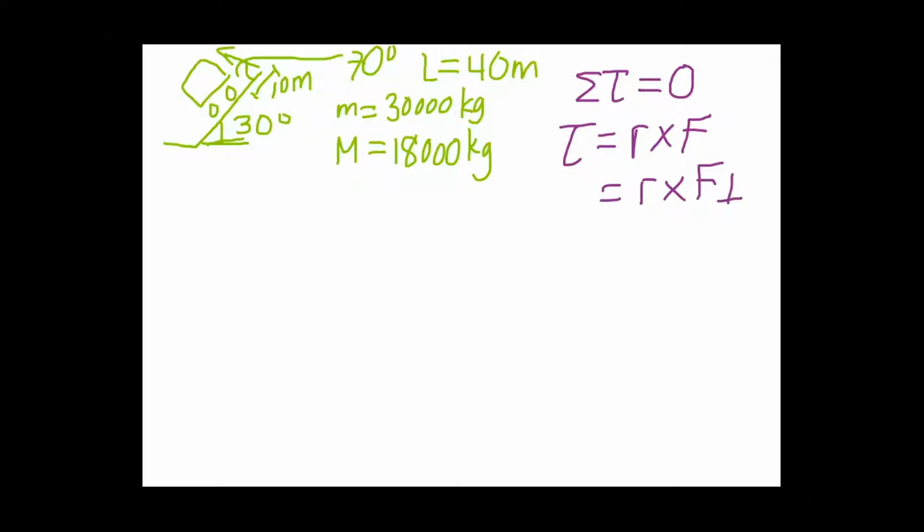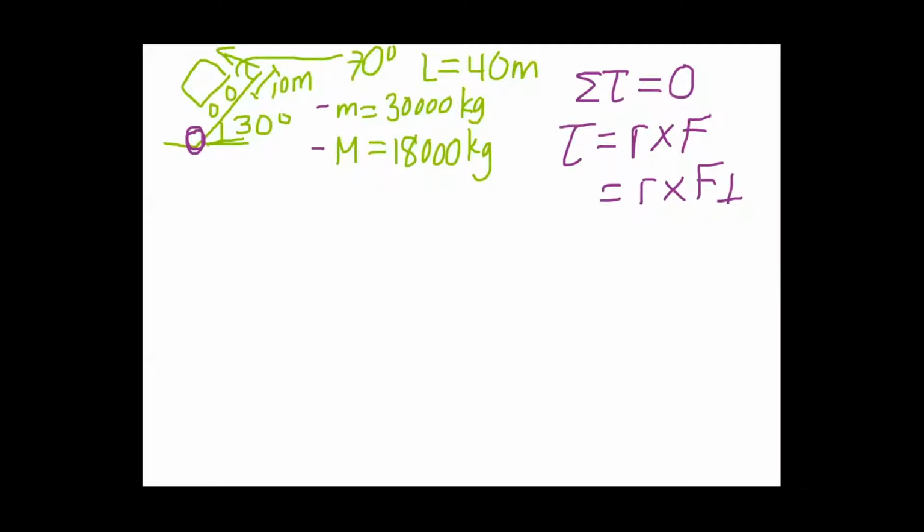So let's look a little bit more at what is actually acting on the system. I'm going to calculate my torque from our initial point here. And just a reminder, our little m here is the mass of the car, and our big M is the mass of the bridge. So we will be using those in the problem when we do our math.